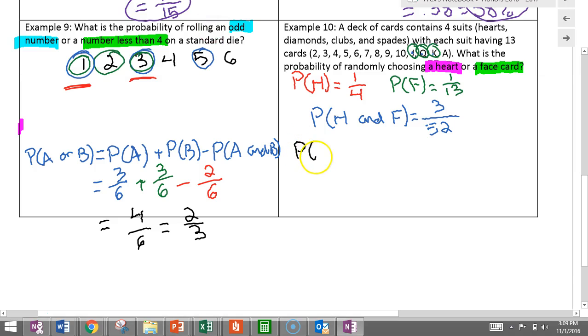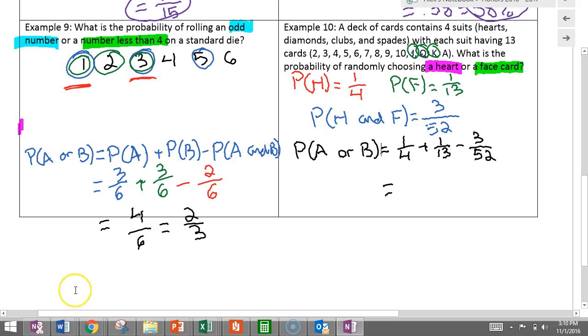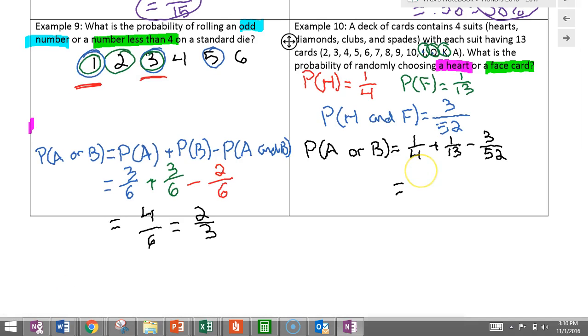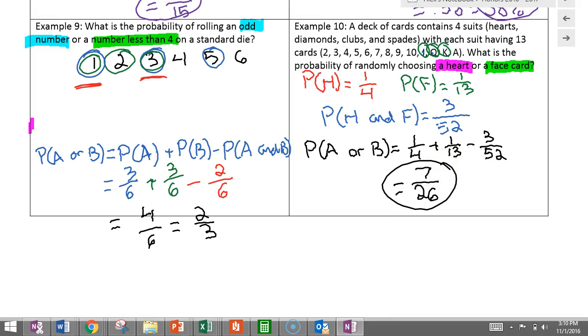The probability of A or B equals 1/4 plus 3/13 minus 3 over 52, which is 11 out of 26. Sometimes you could write out every card, but that would get tedious. So that's when that formula really comes in handy.